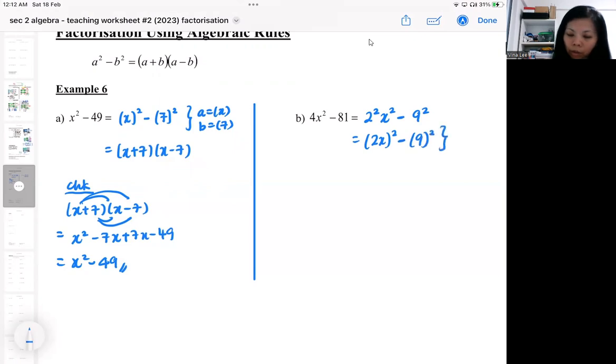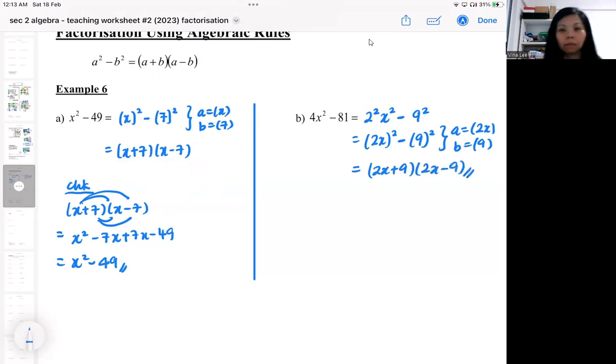You should recognize that A is 2x, B is 9. Returning to the formula A plus B, A minus B, you get the correct answer. If you do your rainbow method, you will get back 4x squared minus 81.